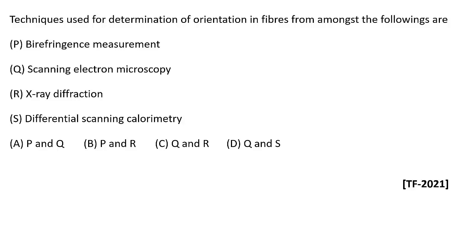This question says the techniques used for the determination of orientation in fibers from among the following are: option P is birefringence measurement, second one is scanning electron microscopy, third one is XRD, X-ray diffraction, fourth one is differential scanning calorimetry. So to know which technique is used for measuring orientation, you must remember the different types of techniques that are used for measuring different kinds of things.